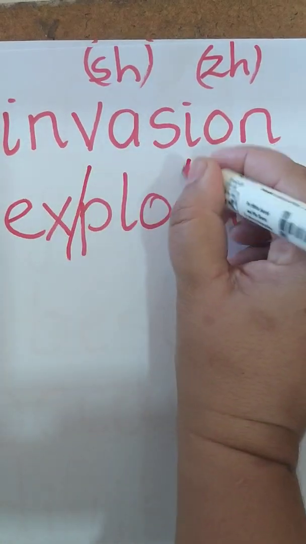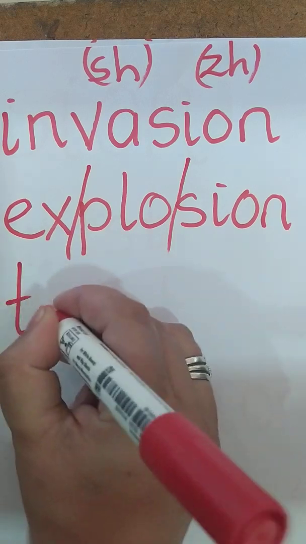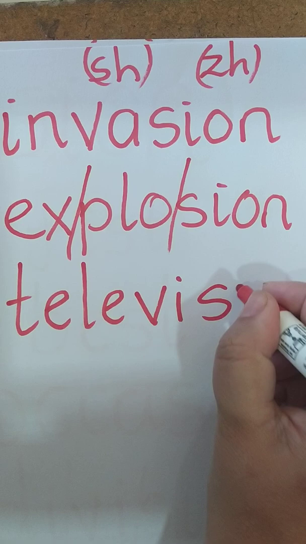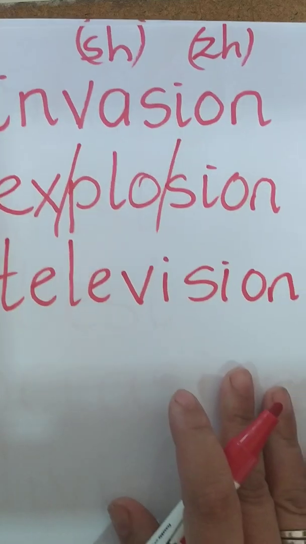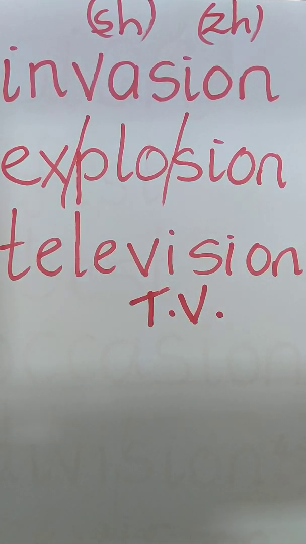So you break it up, explosion. Television. I'm sure all of you know what this word means. It's the television, the TV that you watch every day. In short, we call it a TV, but it's actually called television.